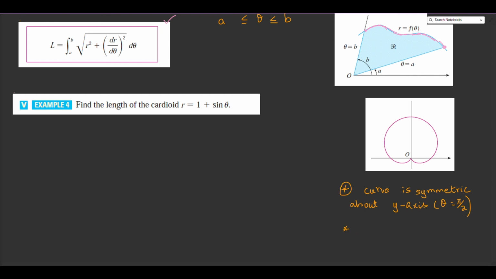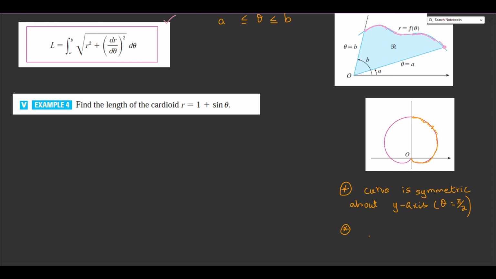So we will only find the length of the portion to one side of the y-axis, and at the end we will multiply to get the length of the whole curve.